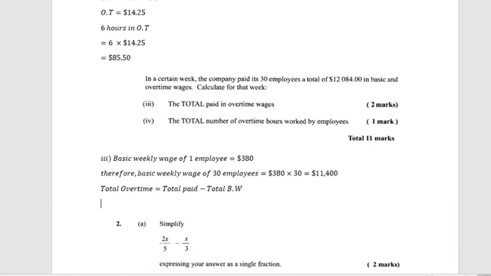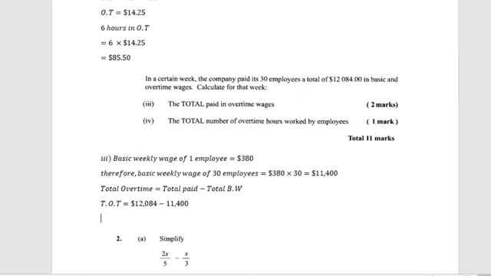So total overtime is then equal to $12,084 minus the total basic wage, which is 11,400. And when you do that calculation, what you will get is $684 being the total amount that was paid in overtime wages.